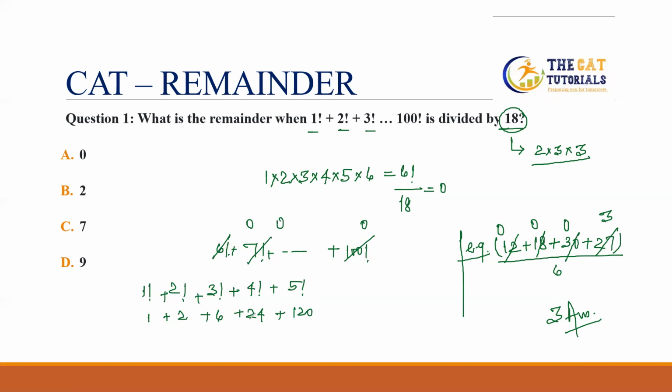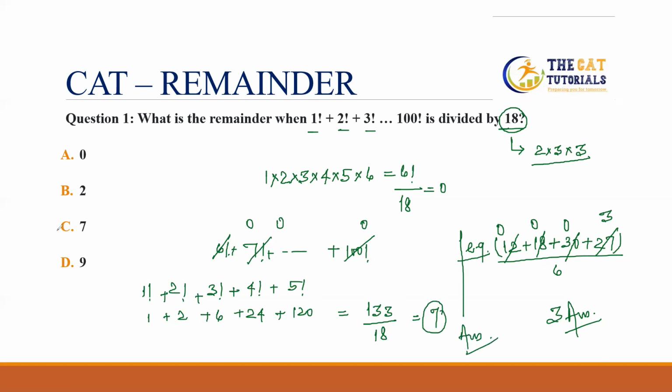So when we add these numbers, the total is 133, and we only have to divide this number by 18. So when 133 is divided by 18, the remainder of the question is 7. So this is the answer of the question.